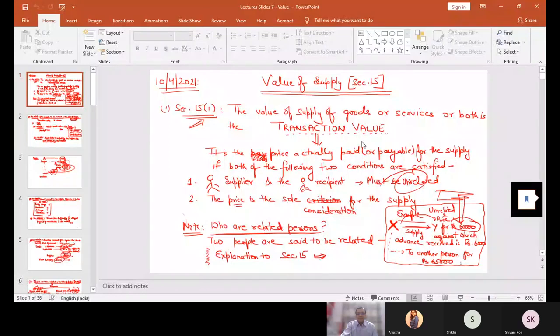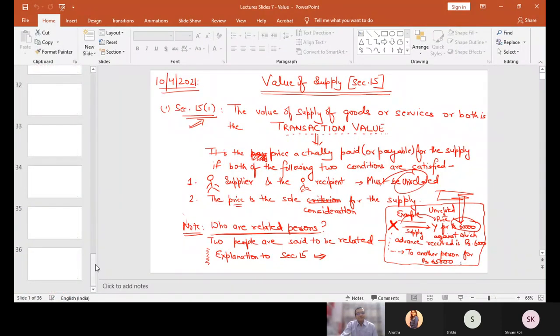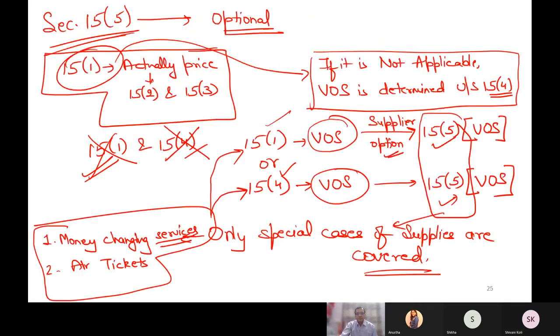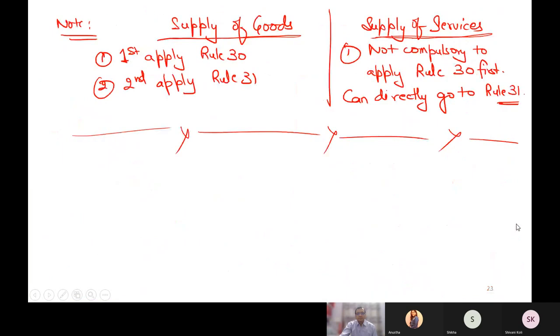So let me share with you my notepad and then let me tell you what we have discussed and what now we are going to discuss. Now see, this is what we have discussed till today.